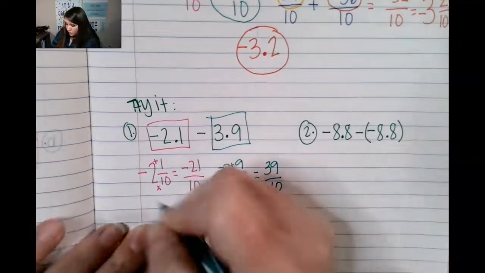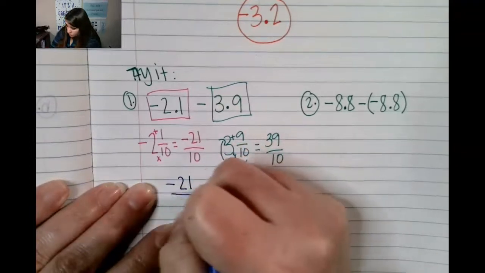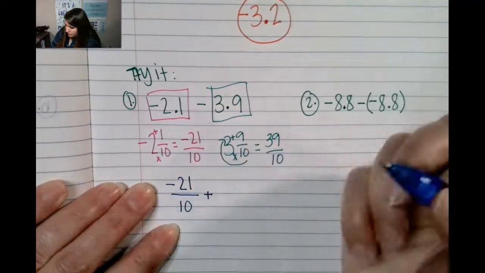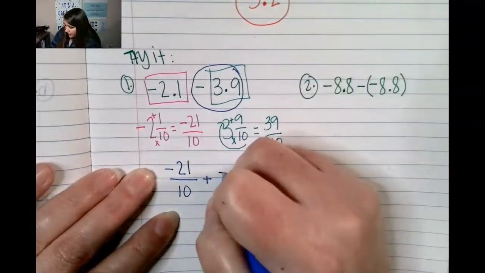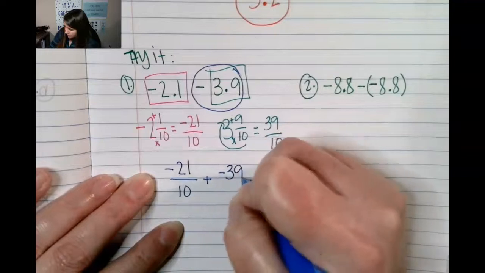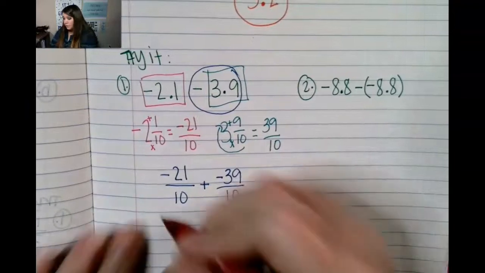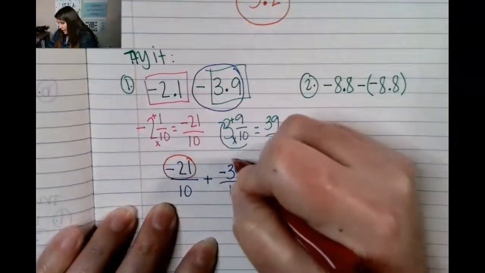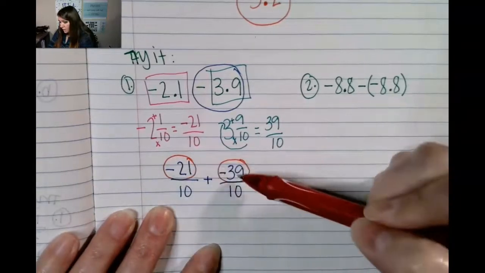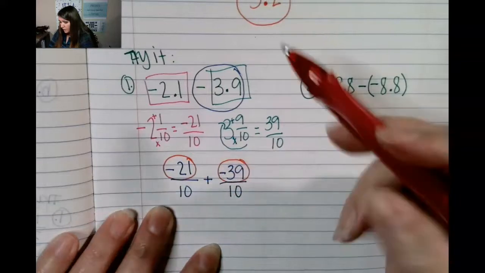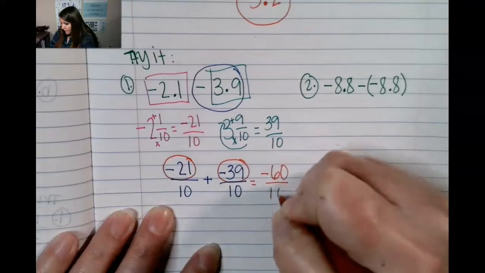I want to subtract both of these problems, so I have negative 21 over 10 plus, I'm going to do the opposite, add negative 39 over 10. Okay, I have a lot of negatives here. So I have negative 21 and I add on 39 more negatives. So that's negative 60. So this equals negative 60 over 10.